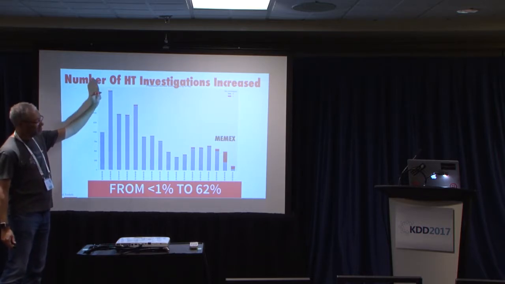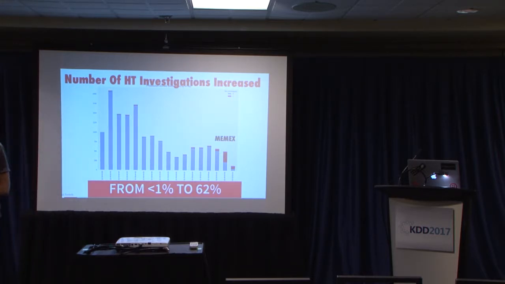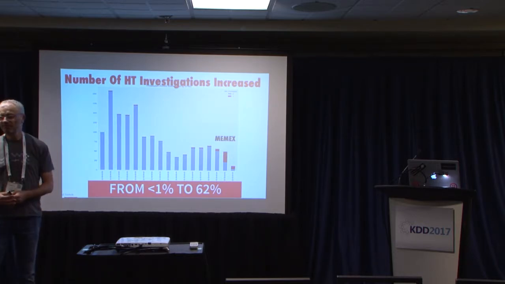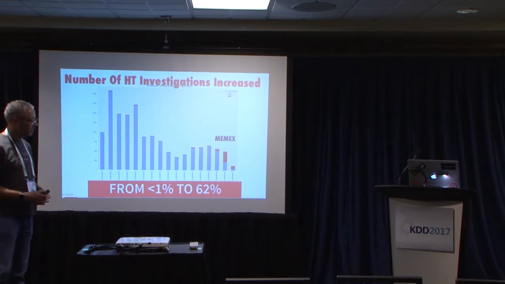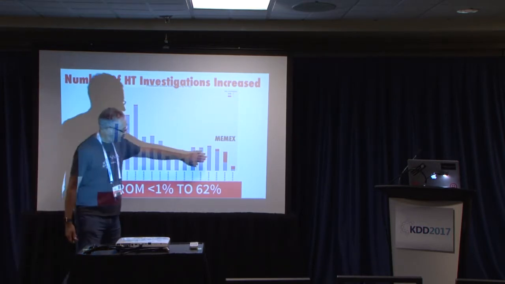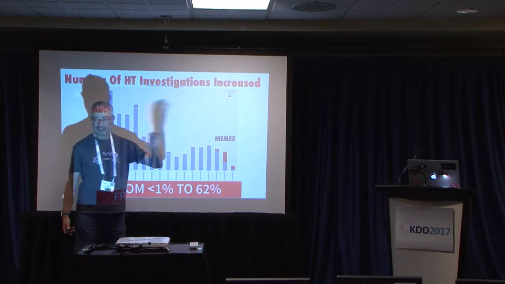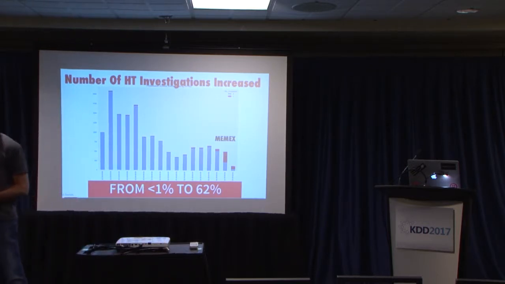And this little red bar was the number of investigations that they opened based on those domestic violence cases. So people would come in, they would say, my boyfriend beat me up, and then they would not be able to investigate. And around here is when two of these systems were introduced.